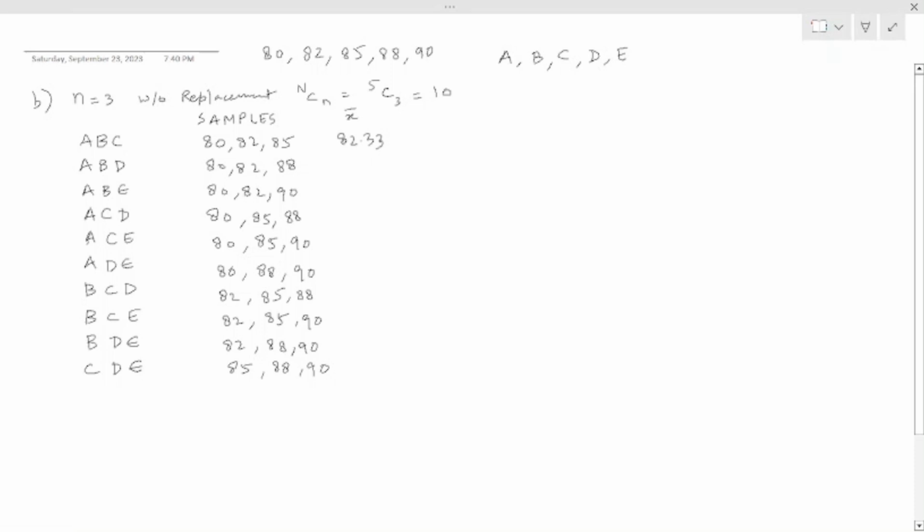Now, what we do is take the sample mean of the next sample, the second sample, and that's 83.33. Then the mean of the next sample is 84. Then 80 with 85 and then 88 gives us the sample mean value of 84.33.